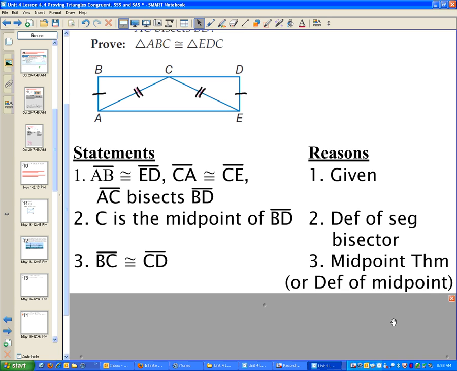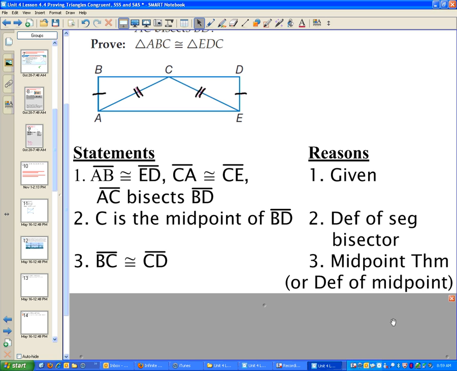and I gave two different reasons because I'm trying to look ahead towards the ACT, the potential end of course exam that will eventually be in geometry. And some books call that the midpoint theorem. Some books call that the definition of midpoint. To be honest, I don't even remember which one this book calls it because I've called it both things using different books.